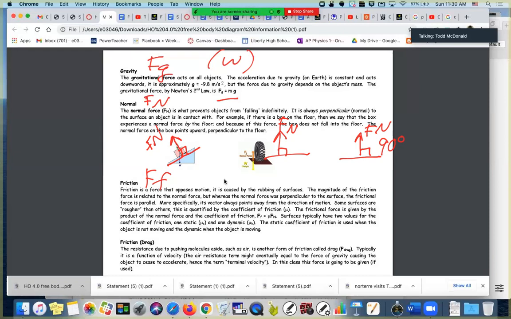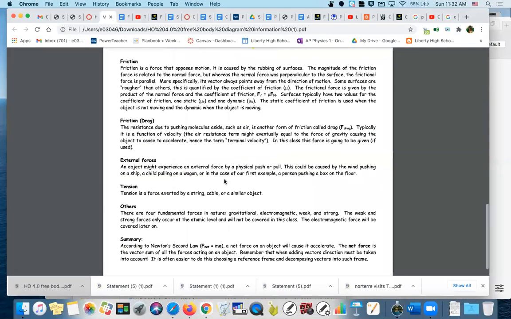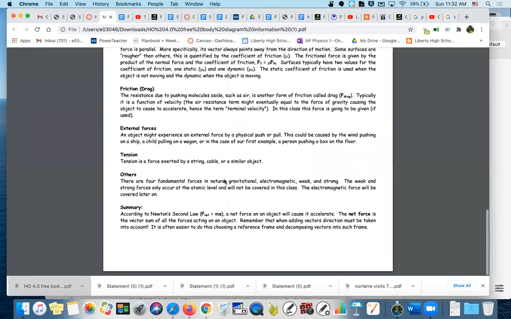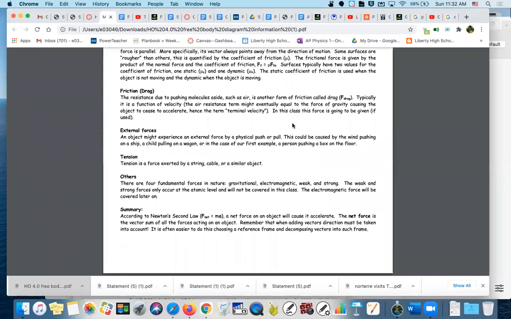Okay. Another form of friction we'll talk briefly about is drag. We'll still call it friction, but that is like air resistance, or something going through the water that is pushing against it. And so that is a form of drag. Okay. Let me scroll down here to a couple other types of forces. External forces, anything that's kind of outside the system.